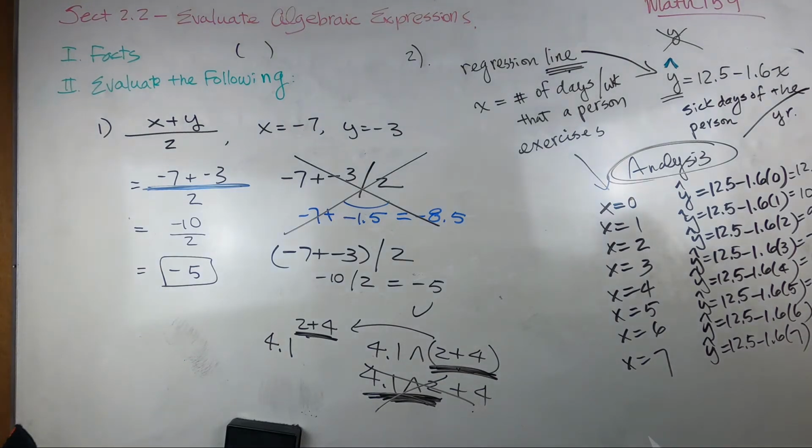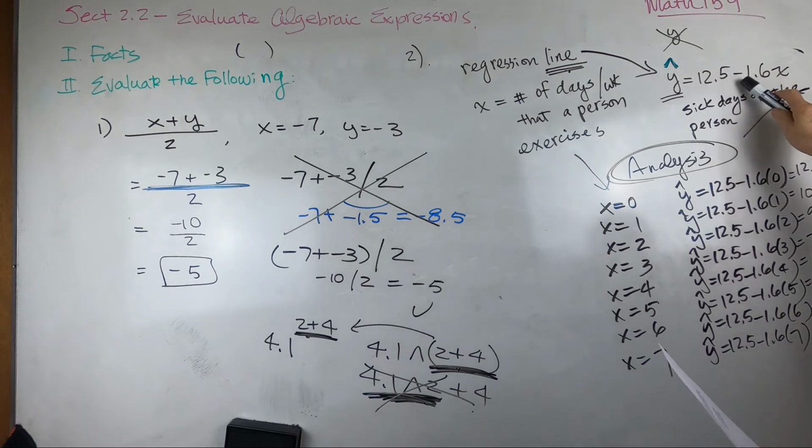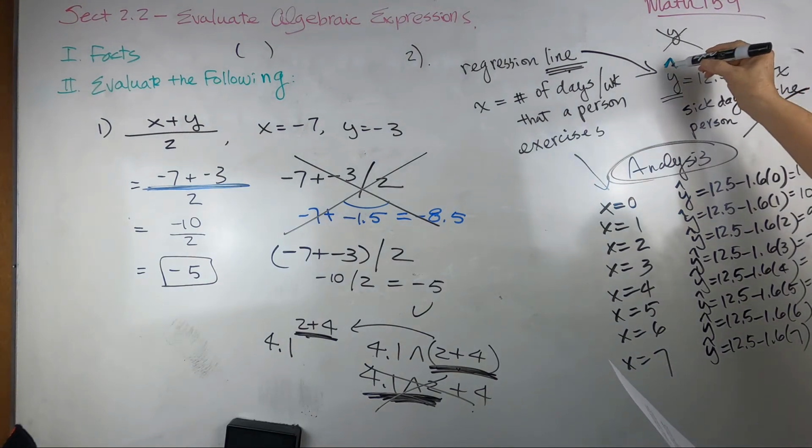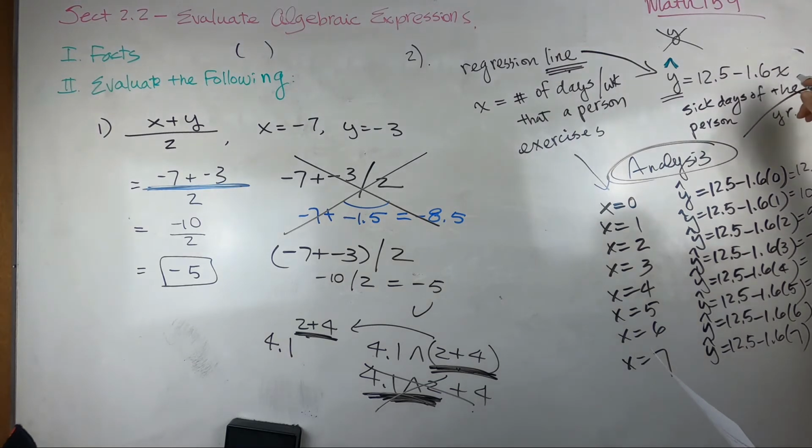Then you have to answer the question. What was the question? Look at the last sentence of your question. It says, use this regression line to predict the number of times a person who exercises 4 days a week will be sick this year.